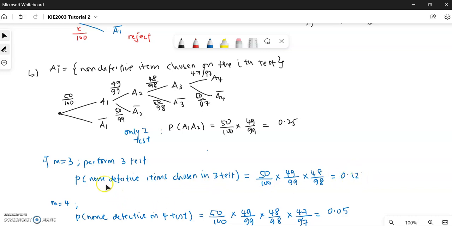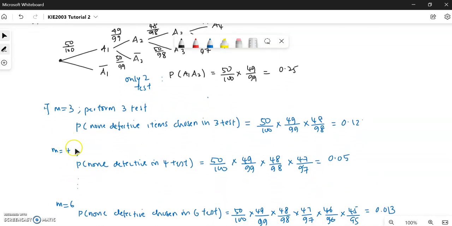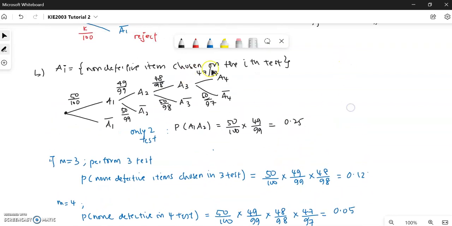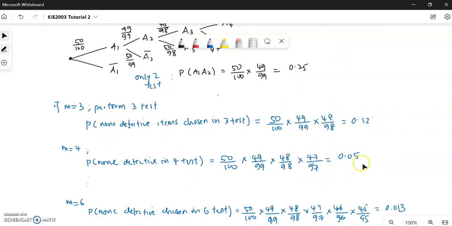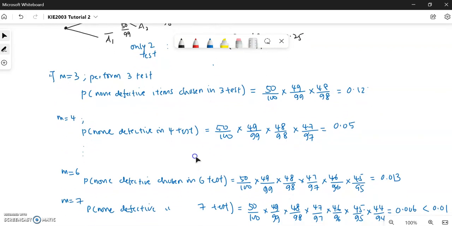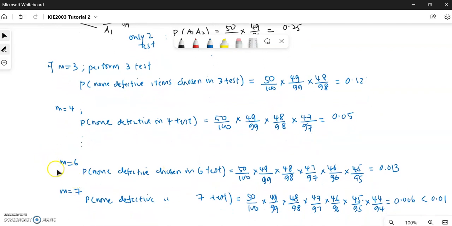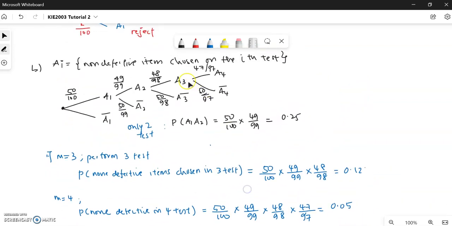So it wants to know what is the M that gives you less than 1%. This 1% is 0.01. Of course, 0.12 is much bigger than 1%. So let's do next. We perform M equals 4. We have the same multiplication and we add one more, which is 47 over 97. Multiply with that, we get 0.05. Let's skip a few steps and do M equals 6.